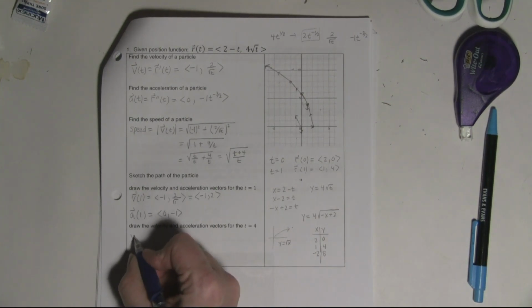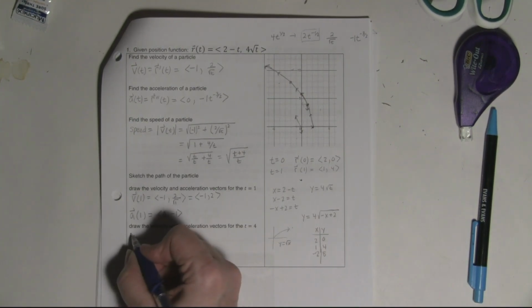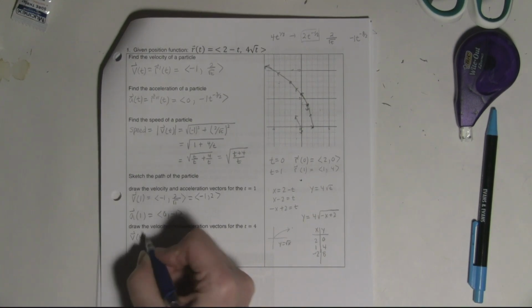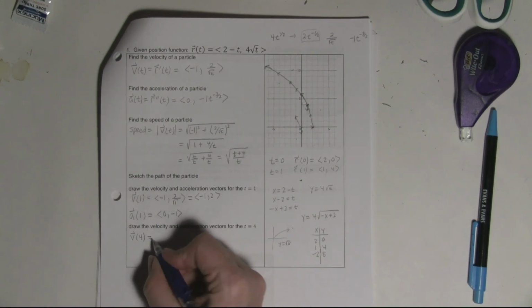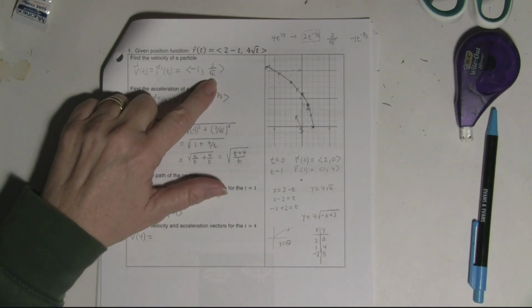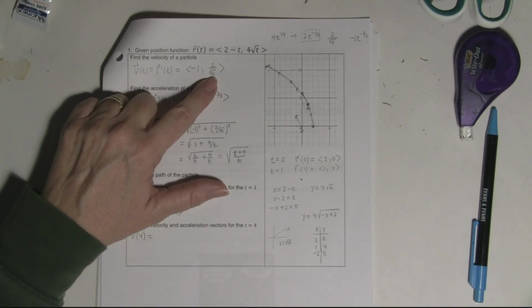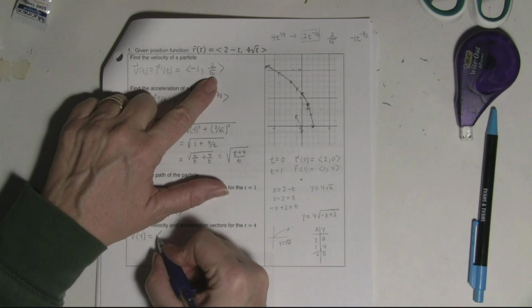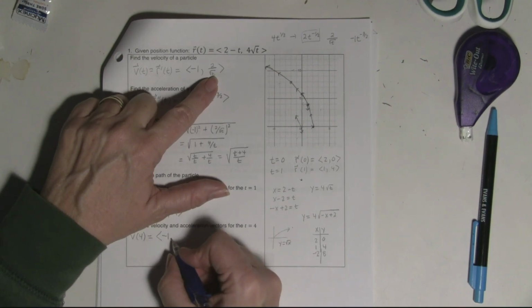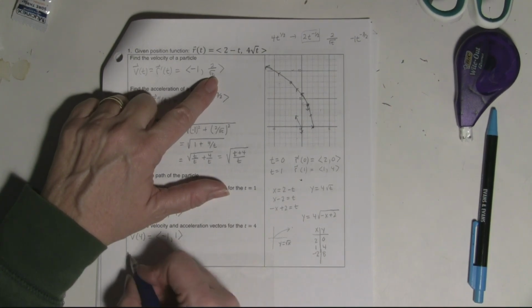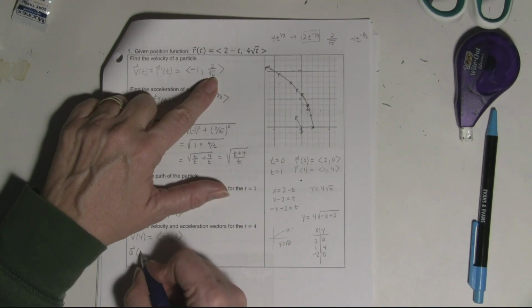Okay, so velocity, where did it say? At 4. And so we're going to be plugging in right here 4. I think that was probably nice of them. Square root of 4 is 2. So this is -1 and then 2 over 2, which is 1. And then acceleration at 4.